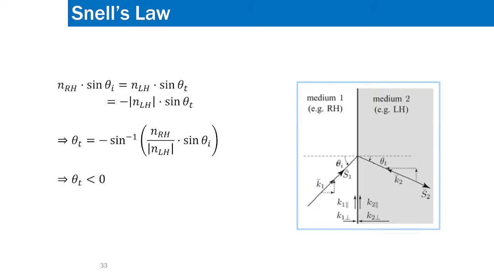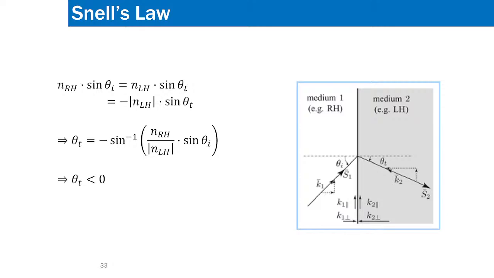Now, from this equation, we can find out theta t. So, theta t is equal to minus sine inverse of N_RH by absolute N_LH into sine theta i. Now, the right hand side is negative. Since the right hand side is negative, theta t is negative.